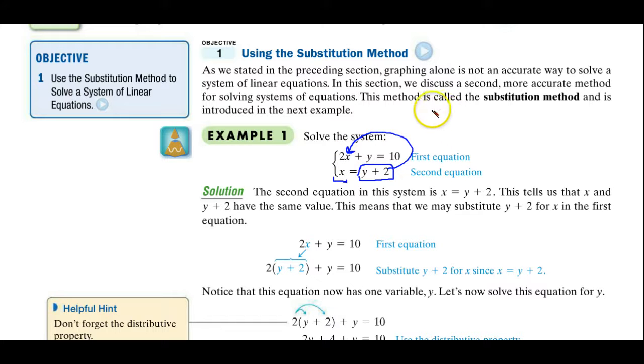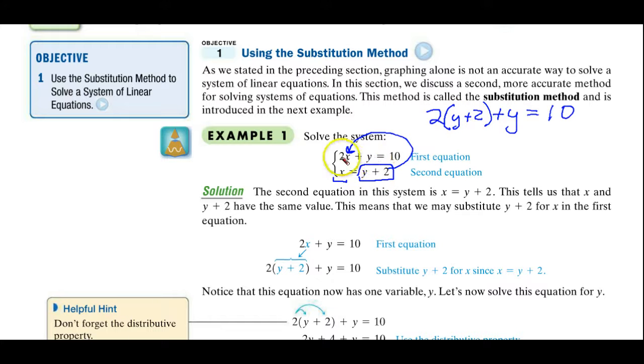So what we're going to do now is put 2, there's the 2, and we're saying that our x is this, so we put that in parentheses, y plus 2, and then our other y plus y equals 10.